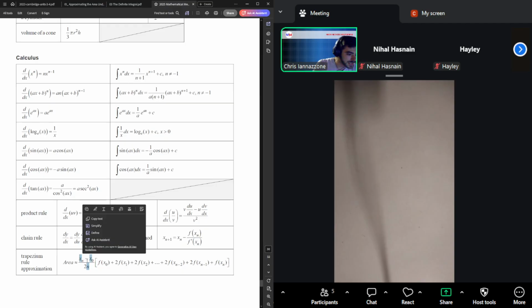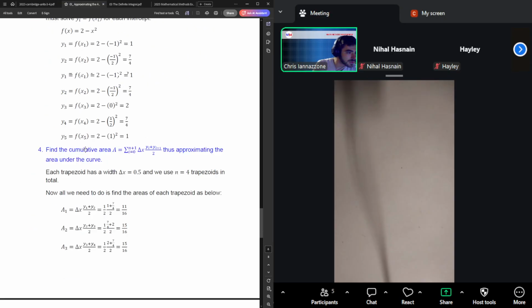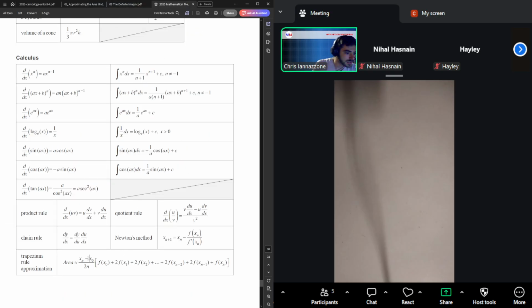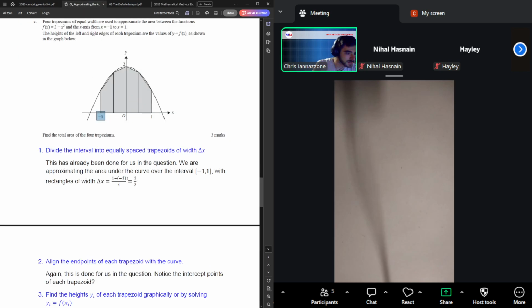So xn and x0 are just the final and first x values. So x0 is going to be the absolute first one. So in our example, x0 would have been -1. It's the first in the sequence. xn is the last x value, which in this case is going to be 1. Everything in the middle, so you've got x0, x1, x2, x3, and finally x4.